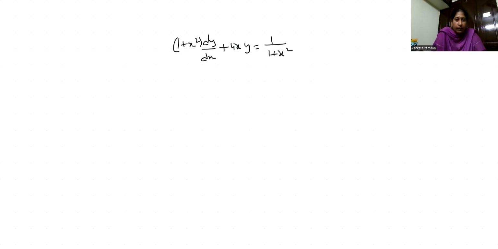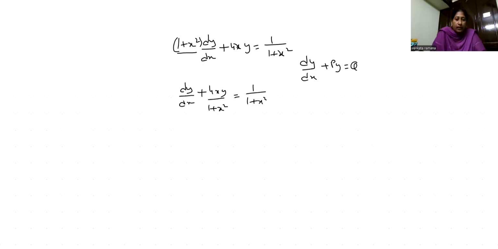When we compare with the linear differential equation dy by dx plus Py is equal to Q, we observe that dy by dx has a coefficient, 1 plus x square, so we have to divide by it. So we get dy by dx plus 4xy by 1 plus x square is equal to 1 by (1 plus x square) whole square.